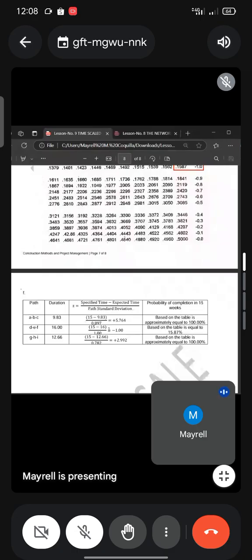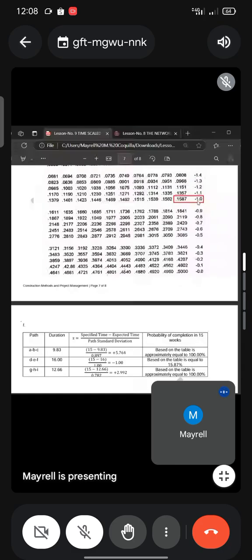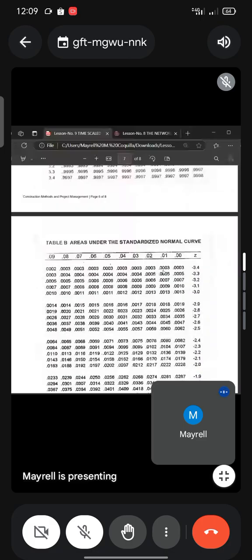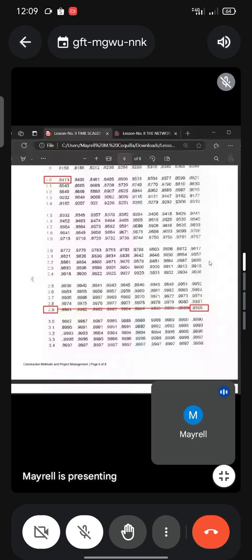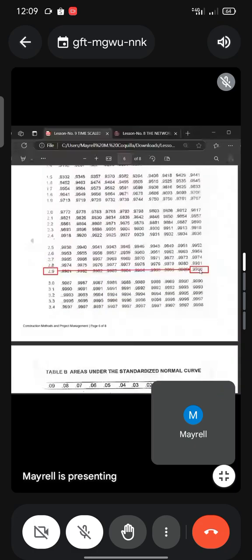For the DEF, negative 1, so negative 1 kani, you will get 0.1587. Or based on the table, it's equal to 15.87%. And for GHI, that's 2.992. So 2.99, that is 0.9986.